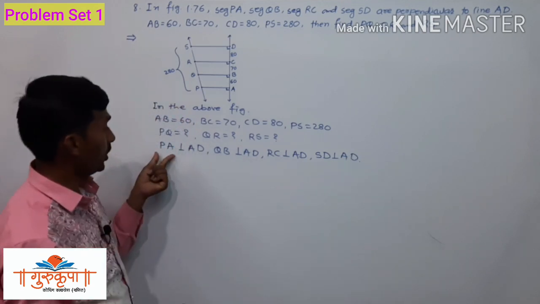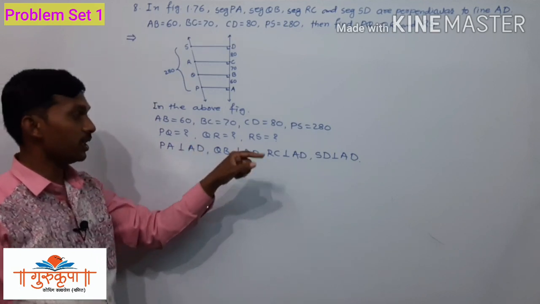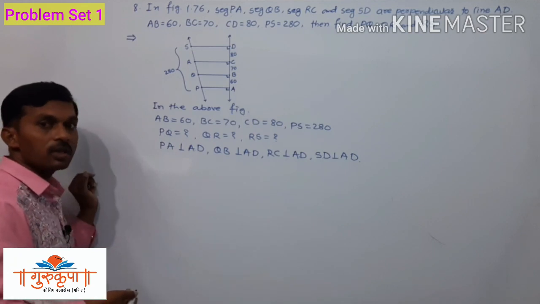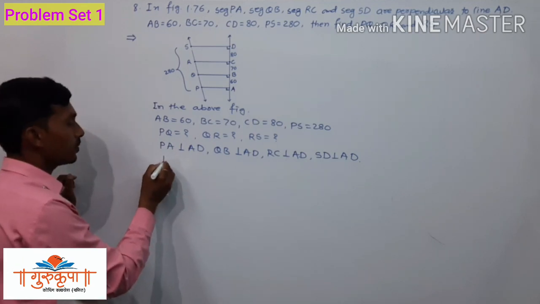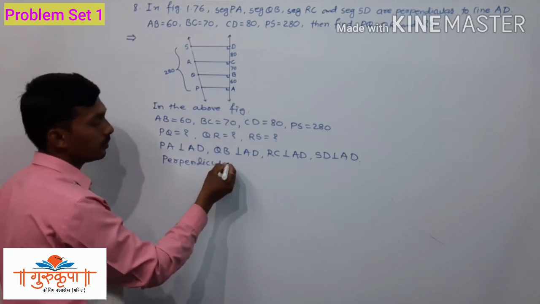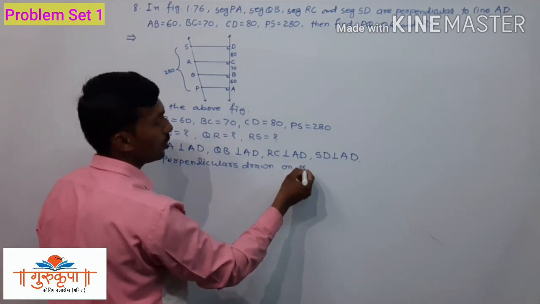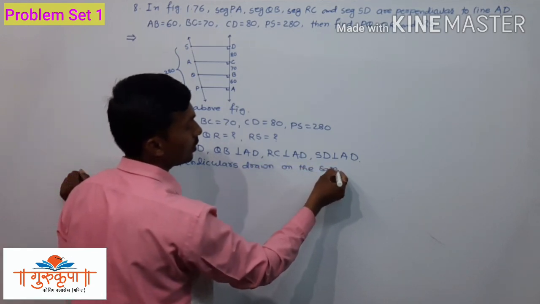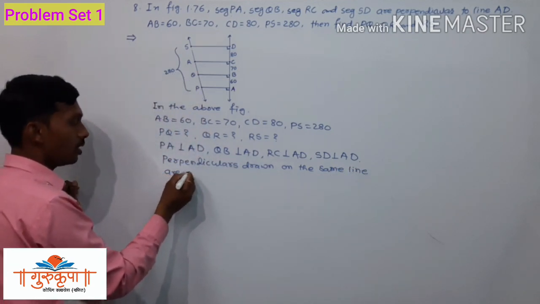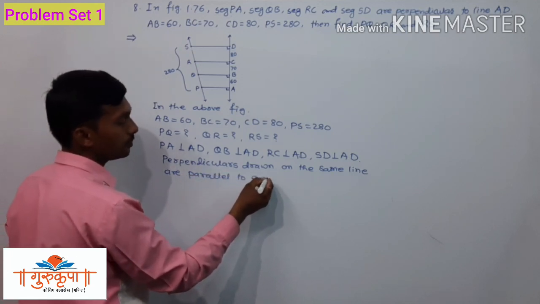All these segments PA, QB, RC and SD are perpendicular to the same line, that is AD. So here you can write: perpendiculars drawn on the same line are parallel to each other.